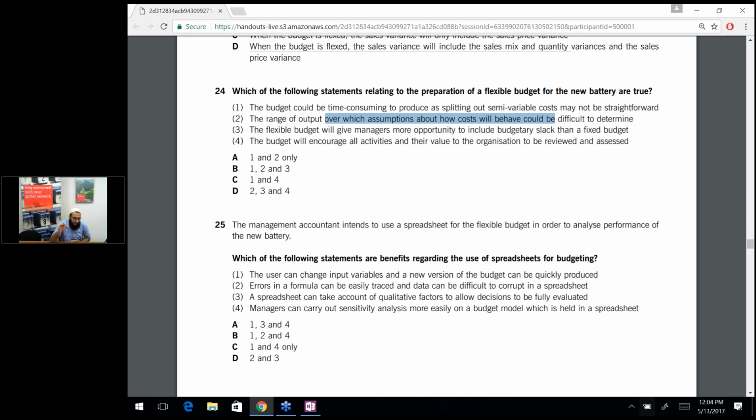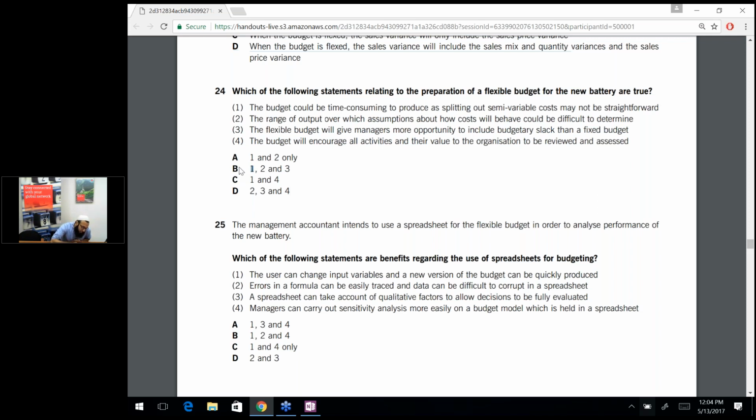So depending on the output range, it will be difficult to find out how the cost will behave. So this is correct. Statement 1 and statement 2 are both correct, so the option will be either A or B.